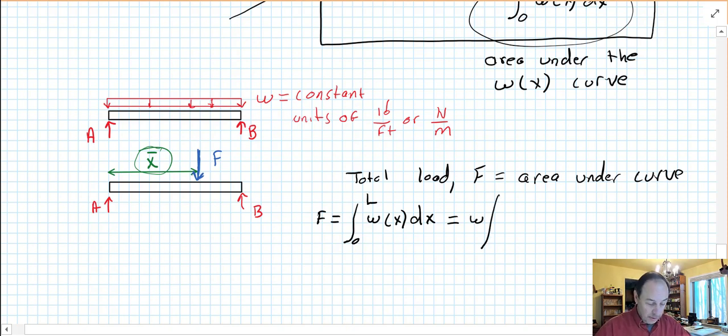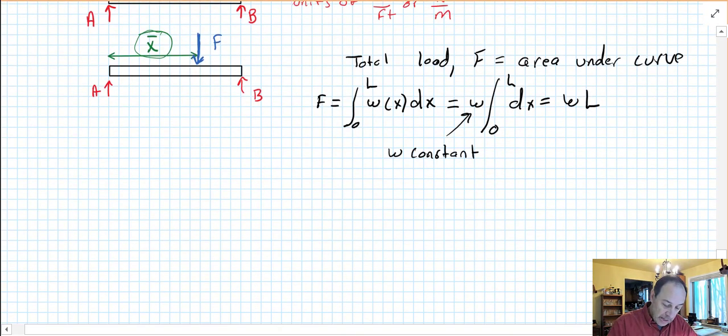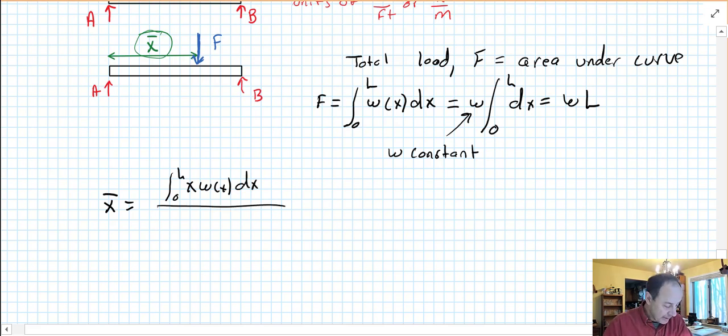So W comes out of the integral. So it's just 0 to L dx, which is just W times length. So that means x bar, going back to our expression up there, is the integral from 0 to L x W of x dx over integral 0 to L W of x dx.